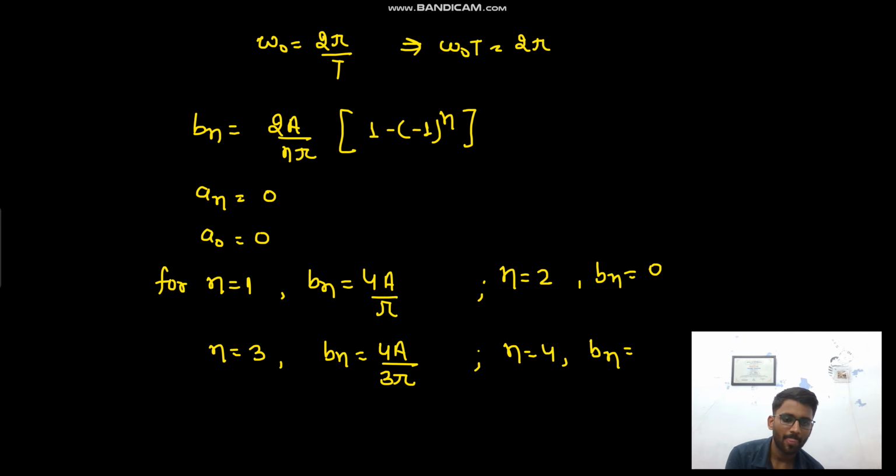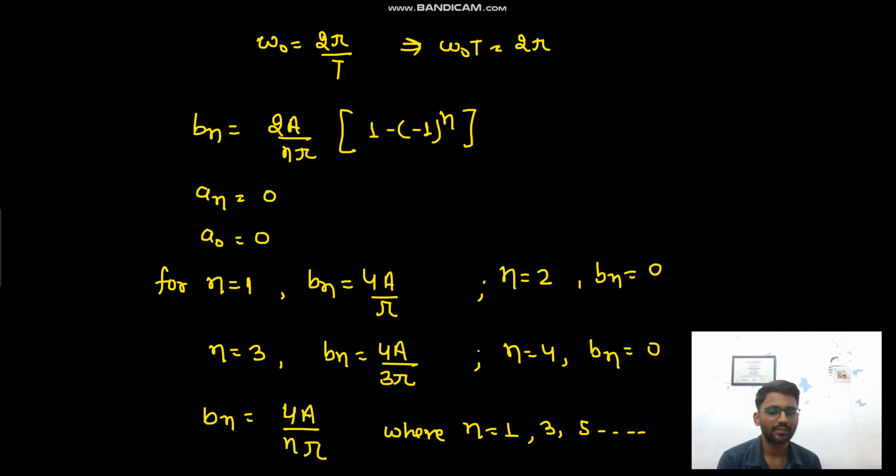So your b_n can be written as 4A by n pi, where n is 1, 3, 5, like this. So what does that mean? Here only odd harmonics exist.